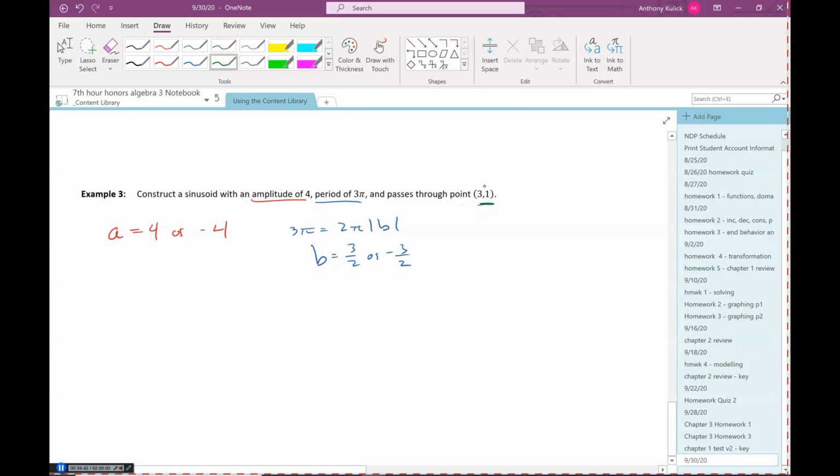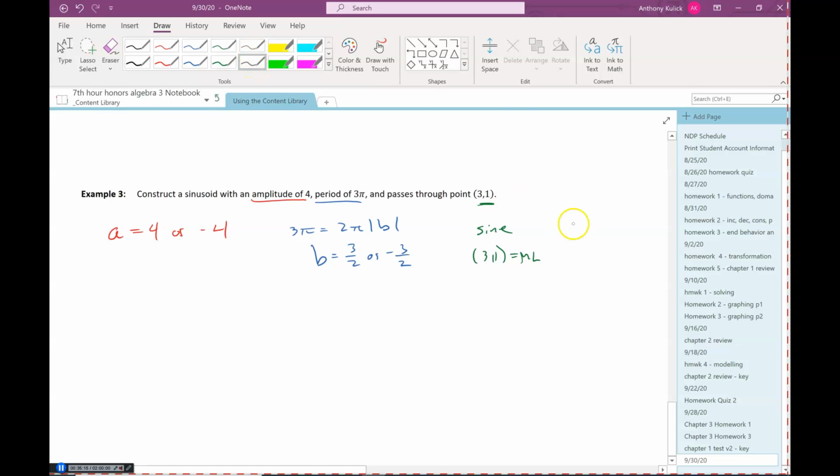Now we're left with this point (3, 1). Do we know anything about this point? All we know is that the graph has to go through it, right? So if we're writing a sine function, what would be the best kind of point for (3, 1) to be? A midline point, right?